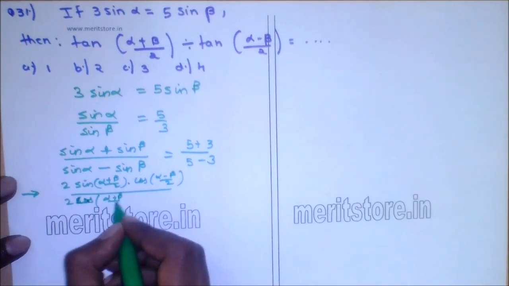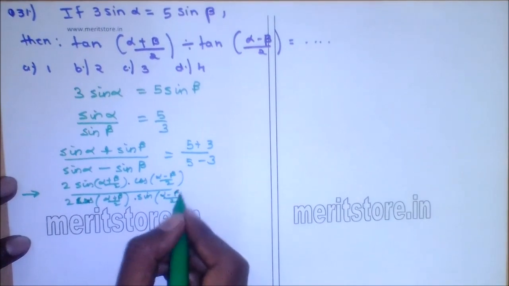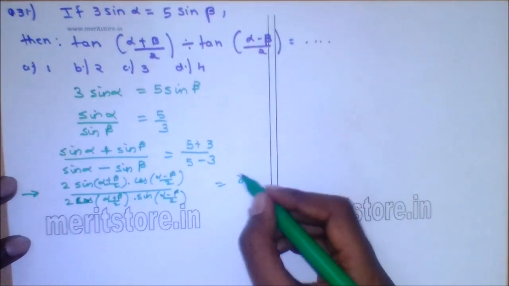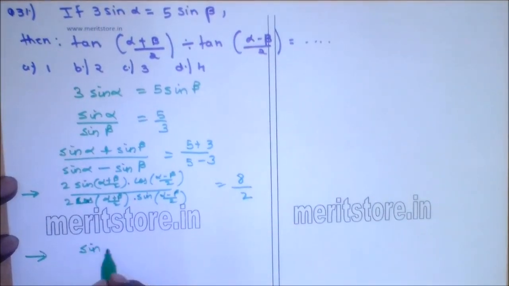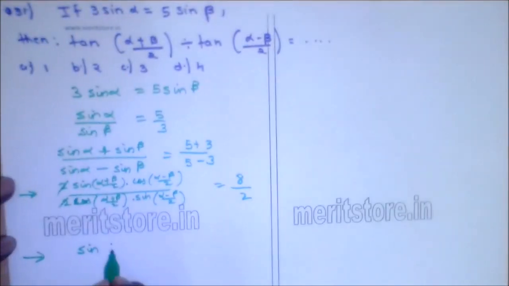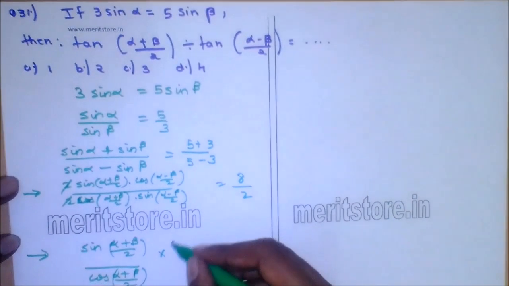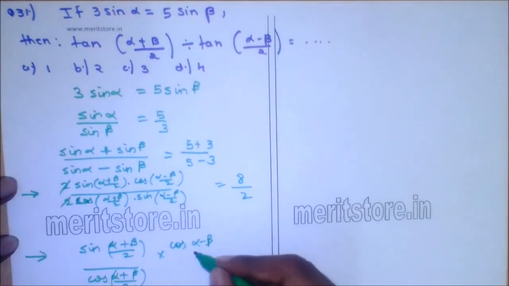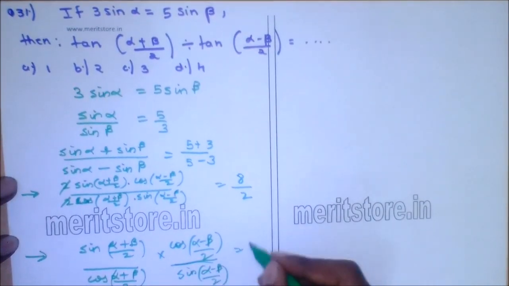(alpha plus beta)/2 sin (alpha minus beta)/2, and here we get 8 by 2. So here the 2 gets cancelled, so sin (alpha plus beta)/2 divided by cos (alpha plus beta)/2 into cos (alpha minus beta)/2 upon sin (alpha minus beta)/2 is equal to 4.